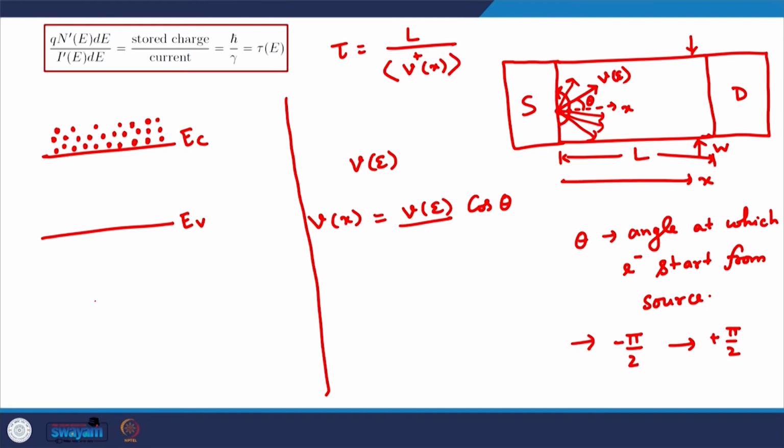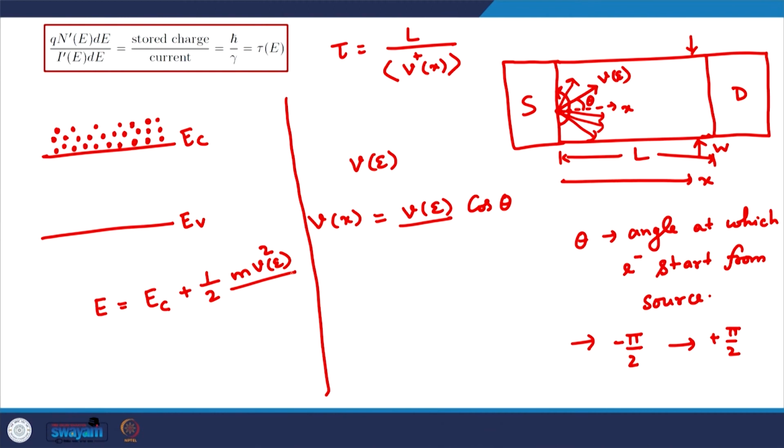Okay. For the electrons in the conduction band, we can write down the energy of electrons in conduction band to be E equals EC plus half m v square. So, the energy that is in excess to the conduction band edge is generally the kinetic energy of the electrons.